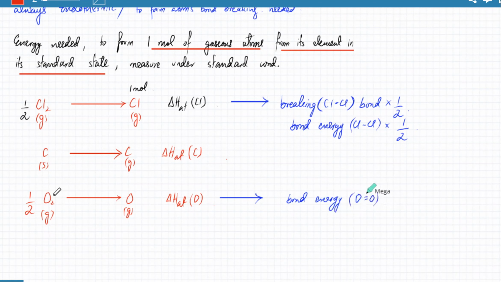And since it's half a molecule, that would be multiplied by half. You're just breaking half the molecule, or half moles of the molecule. For carbon, you can't use bond energies for this one. So not always can you use bond energies. For this one, you can't use bond energies because it's a solid.